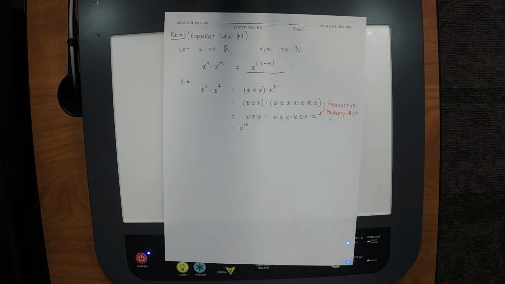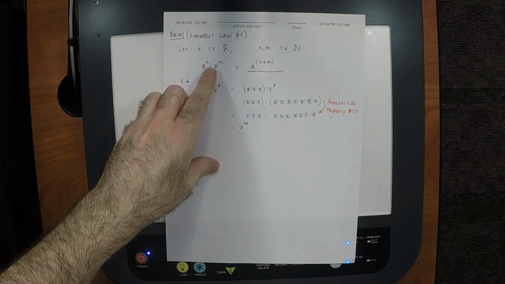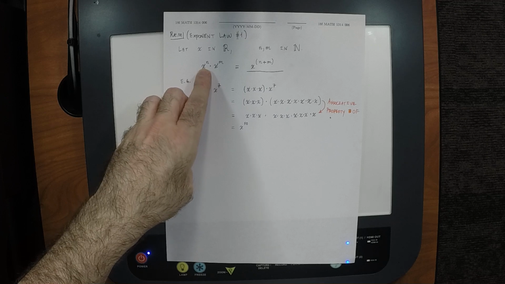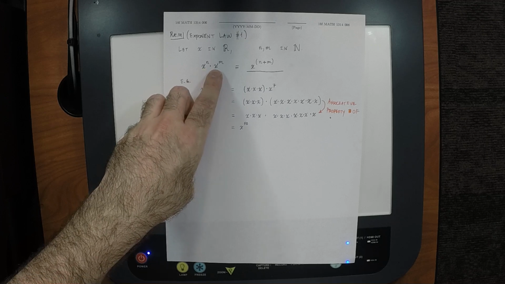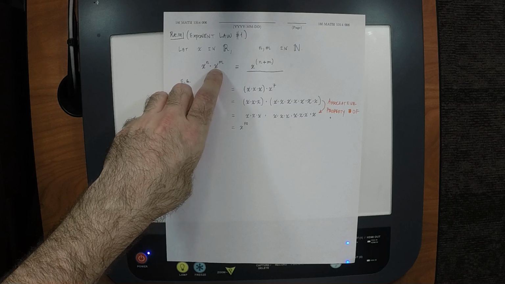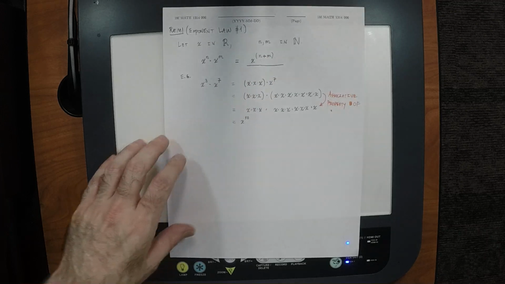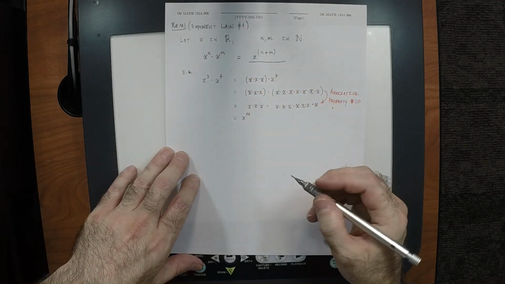It's not super complicated. That's basically what this is saying: if this is n x's all multiplied together, and that's m x's all multiplied together, then how many x's are all multiplied together? That many, n plus m of them. Good. So the next one.